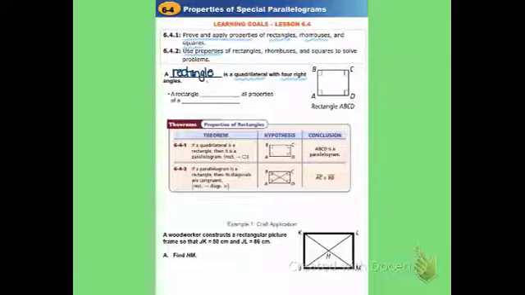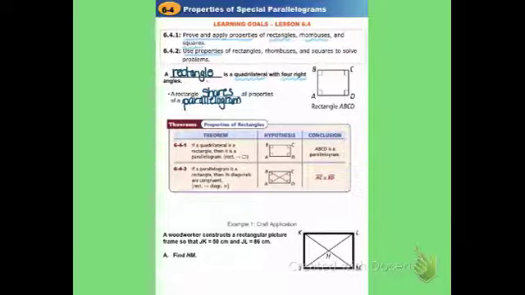Well, that actually makes a rectangle a parallelogram because both pairs of opposite angles are congruent. So we actually know that a rectangle is a parallelogram. It's just a much more specific kind of parallelogram. And so a rectangle will possess all of the properties of a parallelogram. Another way to say that is a rectangle shares all the properties of a parallelogram.